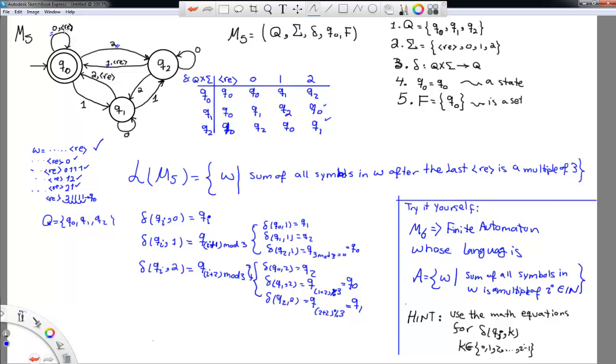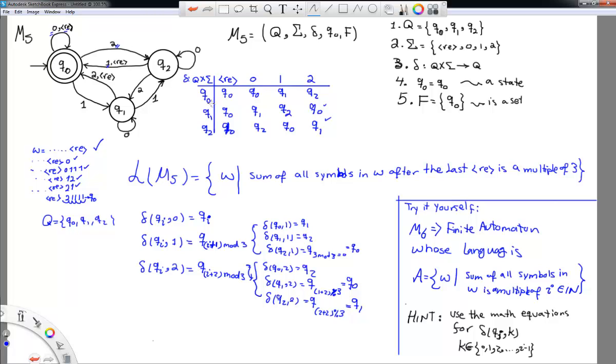And then the symbol reset was basically a button that we treated as resetting the sum to 0, which is a multiple of 3. The automaton would calculate the sum, and it would accept the string if the sum of all its elements after the last reset was a multiple of 3. Otherwise, it would reject that string.